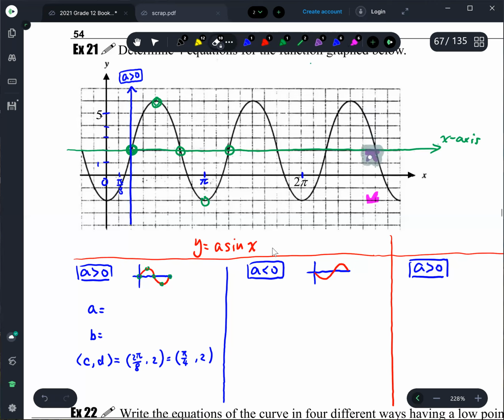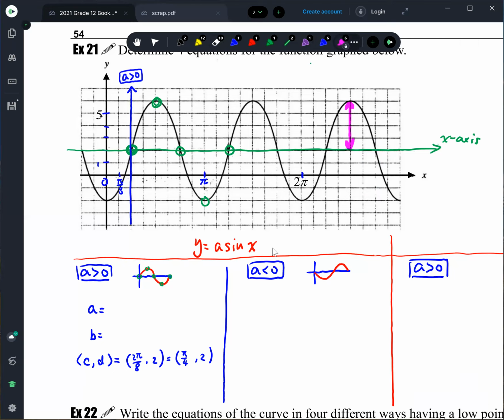Okay. So amplitude is talking about this part. That's the amplitude, or the bottom part. So it takes 2 amplitudes to go from highest to lowest.